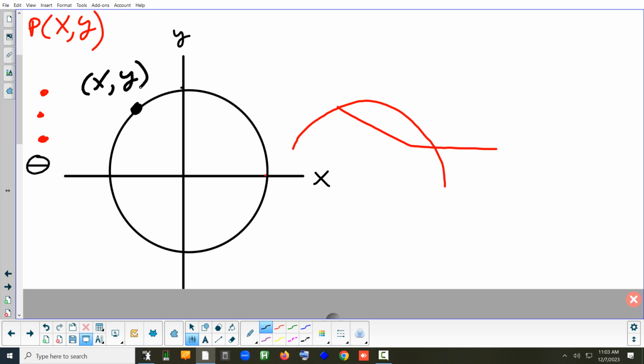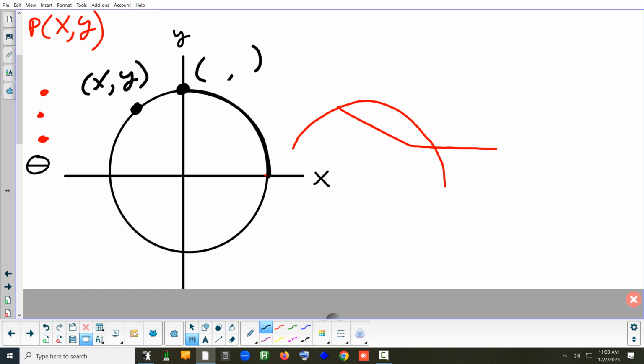So let's do 4 that are easier than that one. Let's do 90. Where's 90 degrees on that circle? Would it be where the y axis intersects with the circle? Yeah, 90 degrees is when you rotate counterclockwise 90 degrees. Right there.